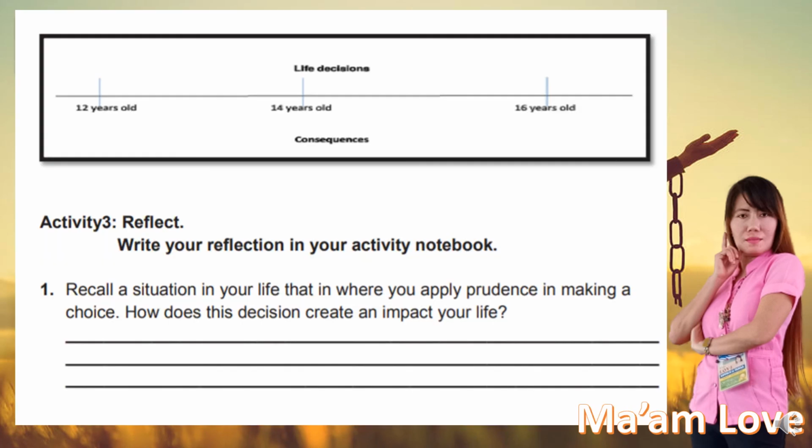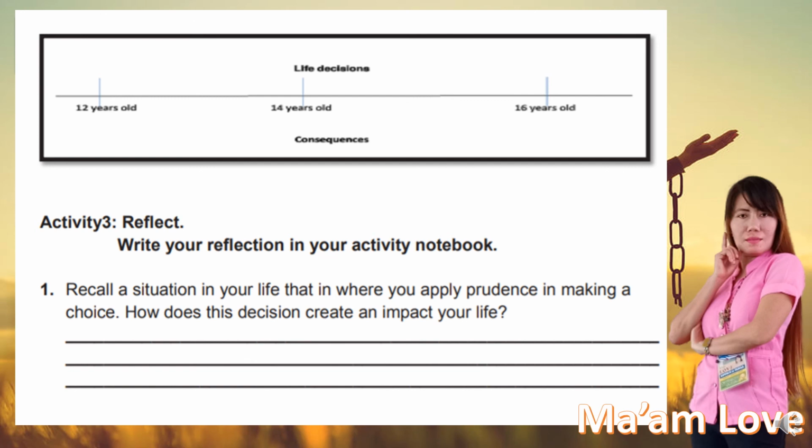This is the example. Below, you can see the age, but you can choose which age you want that you have some decision that you made in your life. In the upper line, you're going to write that decision, and in the lower line, you're going to write the consequence of your decision. Okay?